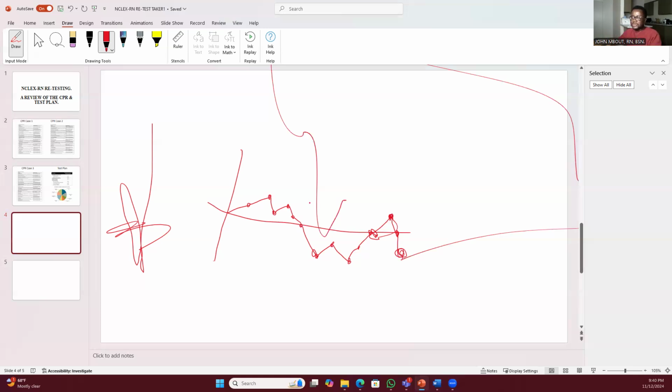Whenever you are failing, it's going up and down, you are still above the passing standard. Why? Because your first 3 to 4 questions that you pass helped you a lot. And going to the 6th, 7th, you're going up and down, you are still above passing standard.